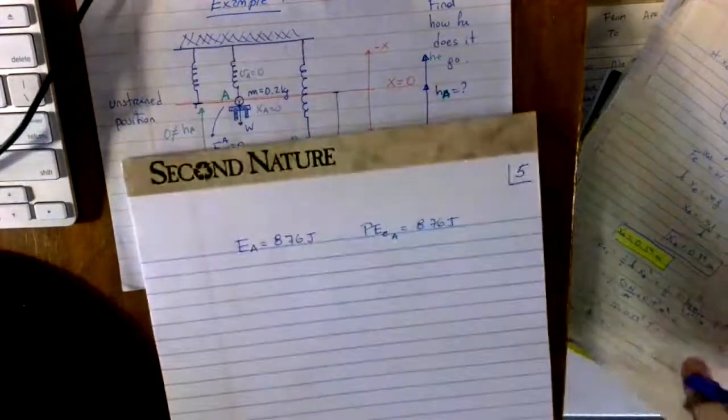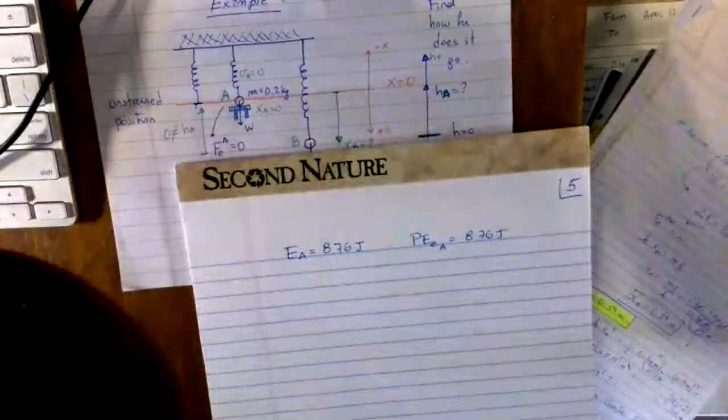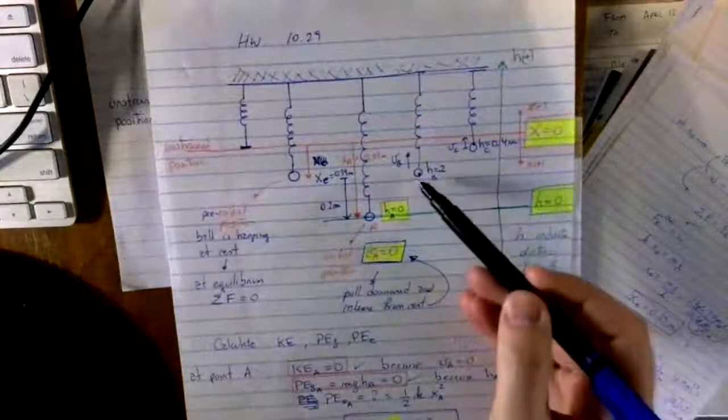Now, let's go back to the problem. Here. The next point is to calculate everything at the point B. Let's see if we could finish that.